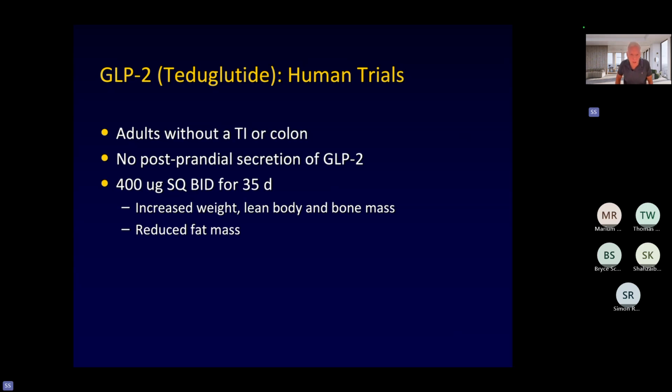In human trials, the initial ones were done in adults without a terminal ileum or colon who had no postprandial secretion of GLP-2. They were given 400 micrograms BID for 35 days, resulting in increased weight, increased lean body and bone mass, and reduced fat mass.